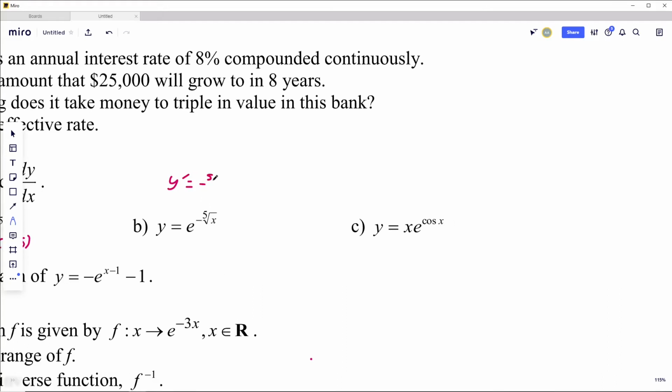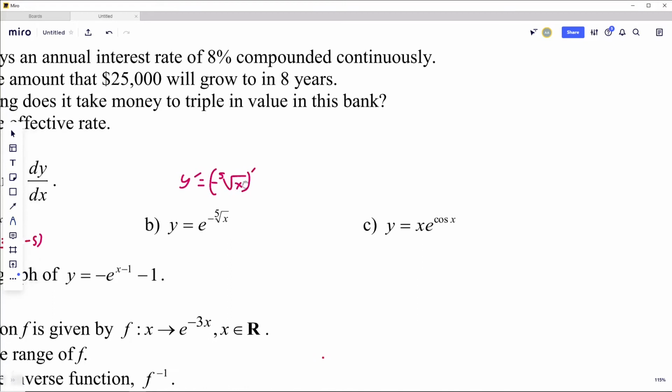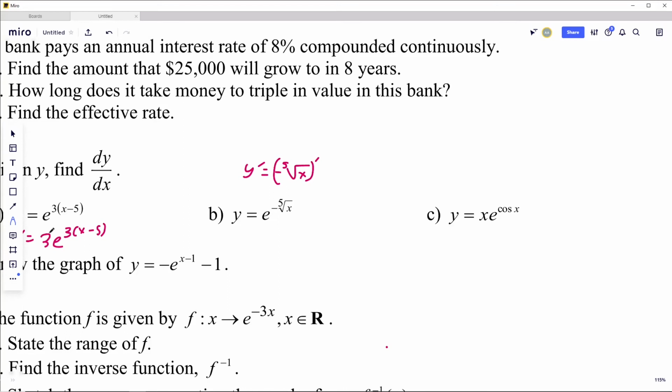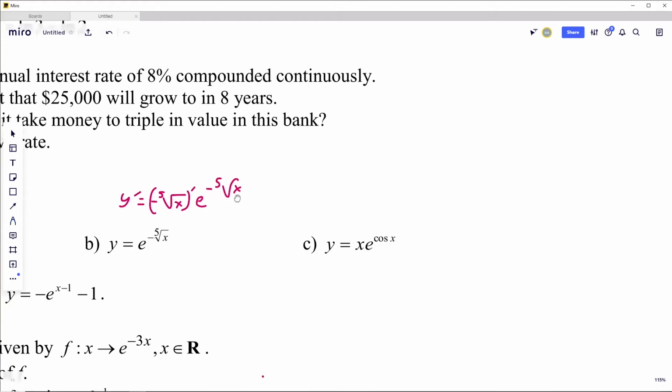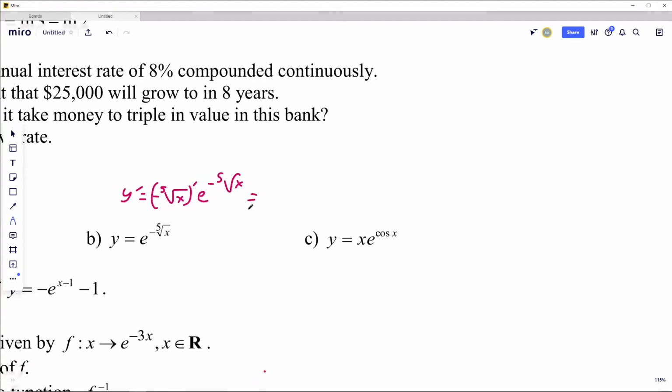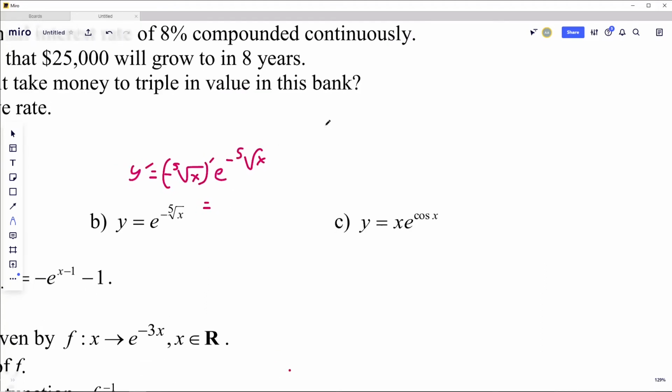So y prime is nothing but the derivative of the exponent, minus 5 times the fifth root of x, just like how we did this one. Bring it down, e to the minus fifth root of x. Let me write it here. Let's do the derivative of this.